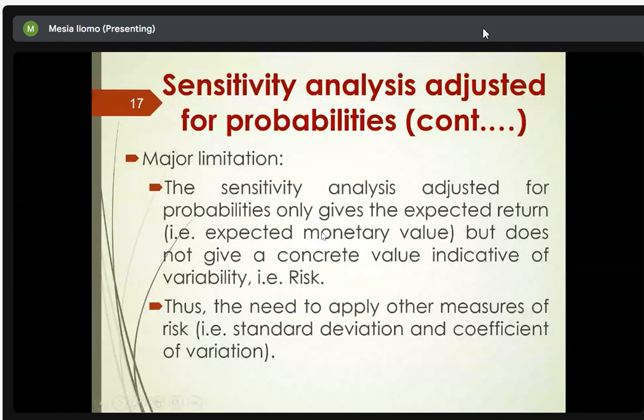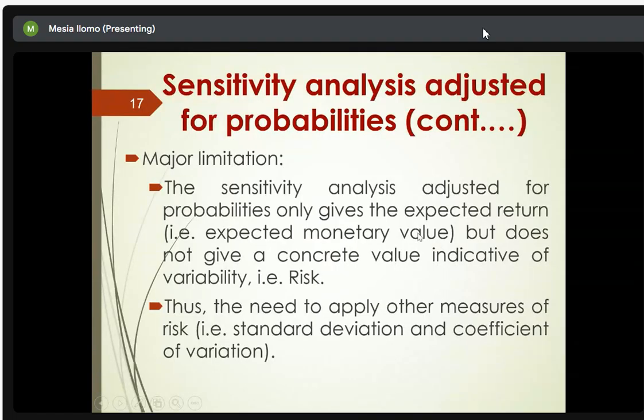Therefore, we need approaches that give you the value of risk. Remember, sensitivity analysis just looks at how variable the cash flows and NPV are for different scenarios or when conditions are changed, but it doesn't say anything about the level of risk.